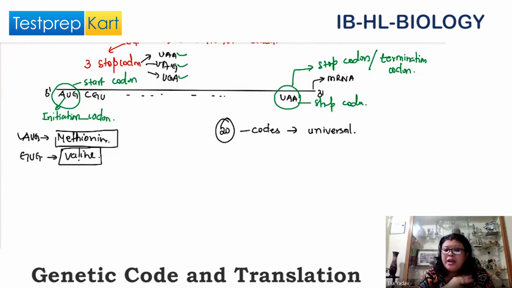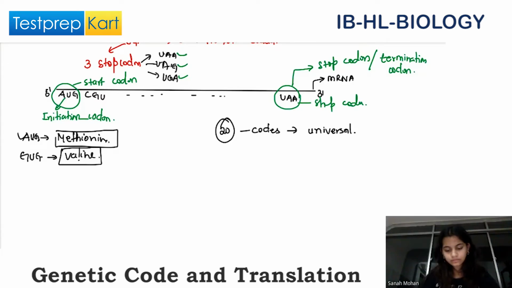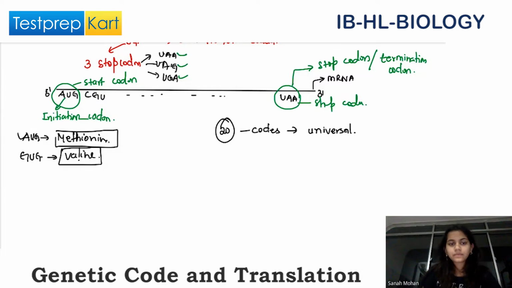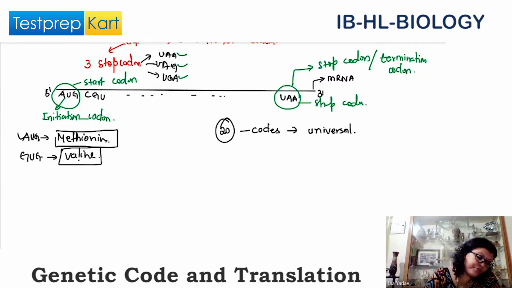If I say methionine, I will say AUG only. It is not that in your place methionine is coded by a different triplet codon. No, it is the same. Clear? Okay.